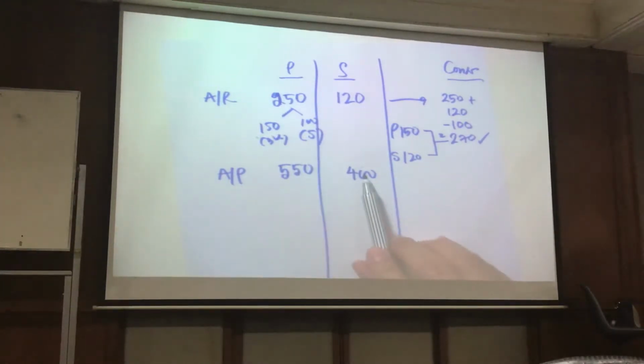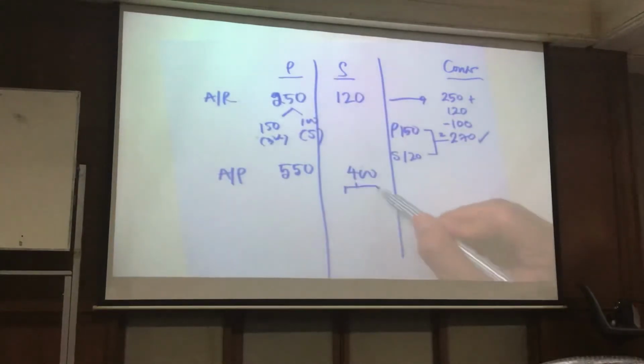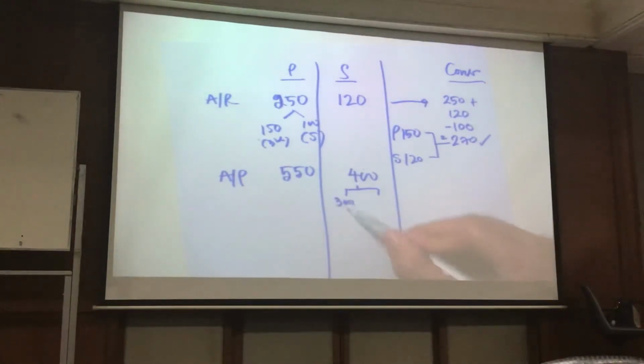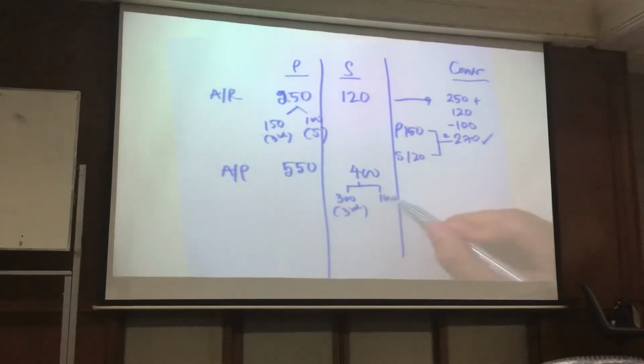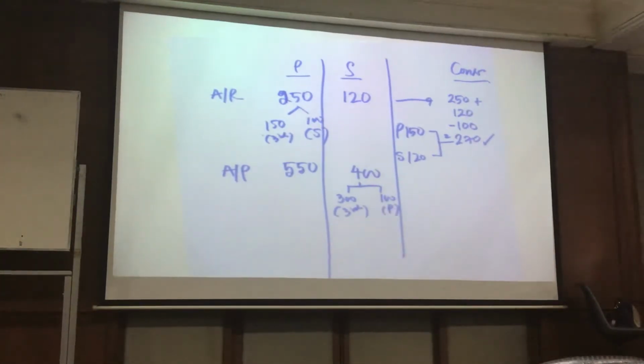550 plus 400, but in 400 we have two parts: 300 belongs to the third party, and 100 belongs to the parent. So in terms of consolidation, what do you get? 550 plus 400 minus 100.